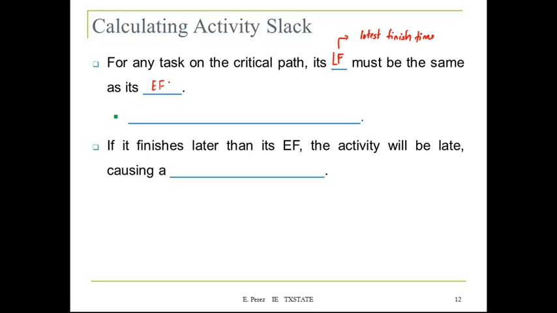Because if you do that, then you'll get 0. So it therefore has 0 slack. If it finishes later than its earliest finish time, the activity will be late, causing a delay in the project.